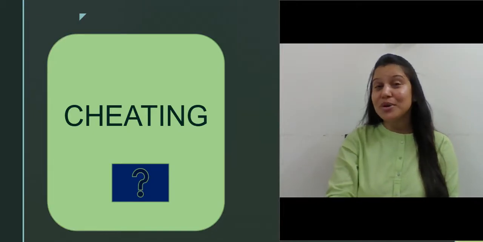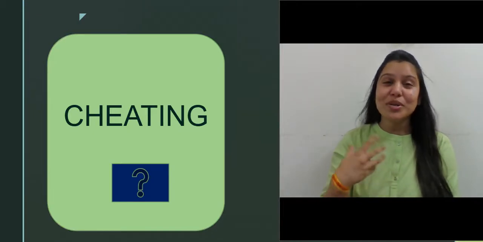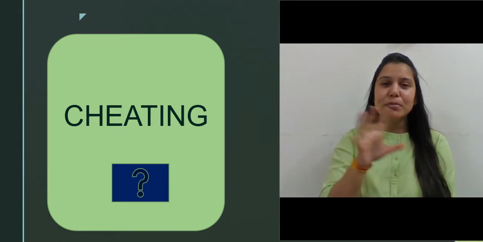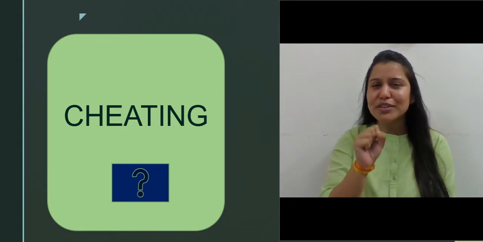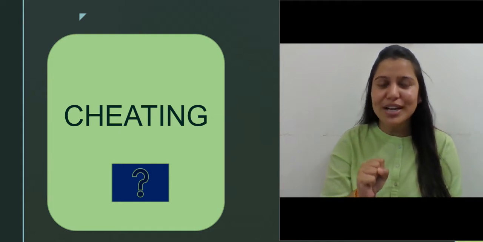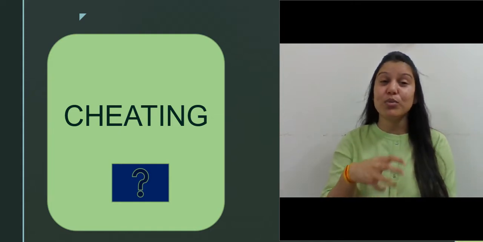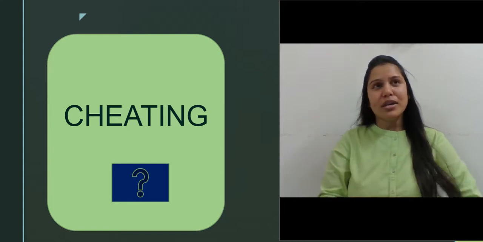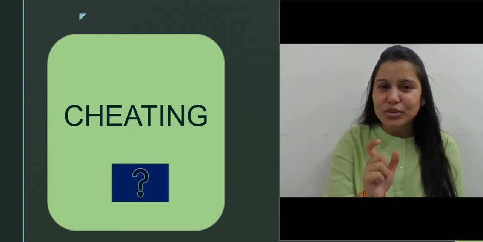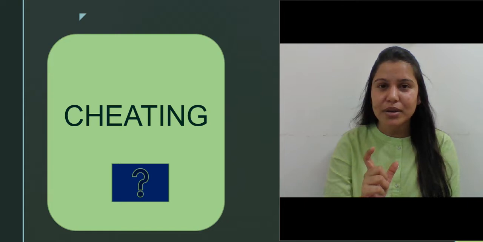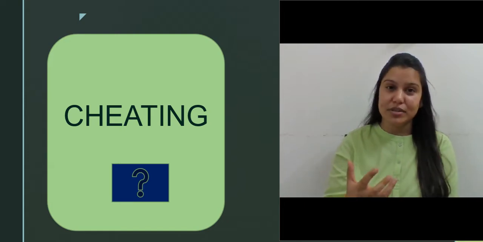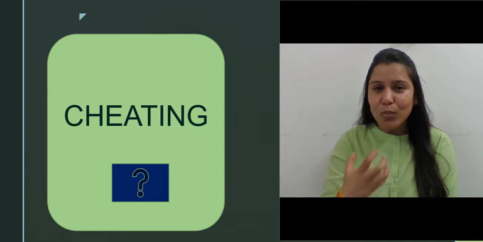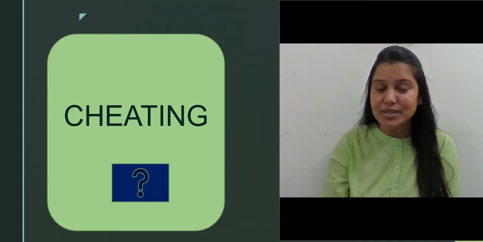In order to understand the section, it is very important to understand this term first. What is cheating? Before moving on to the section, I would just give you a brief about it. Here, to deceive is the main term. Somebody will be deceived. What do we understand by deceiving somebody?